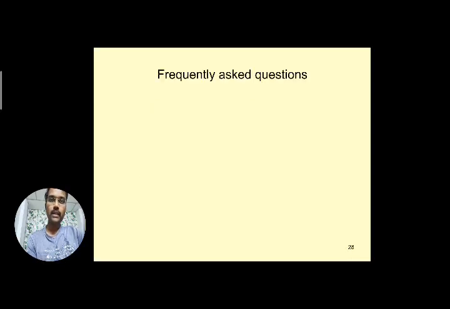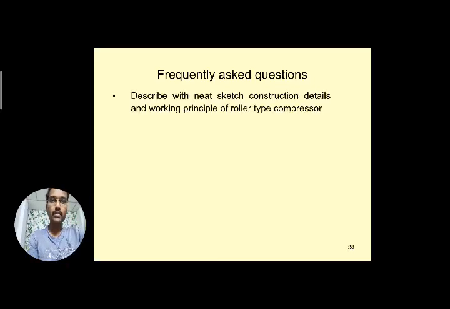Okay, next. These are a few questions regarding that. Next, if you see the frequently asked questions, you can read out the question: describe with a neat sketch the construction details and working principle of the roller type compressor. Just remember the diagram, or the different diagrams we are seeing for that roller type compressor.